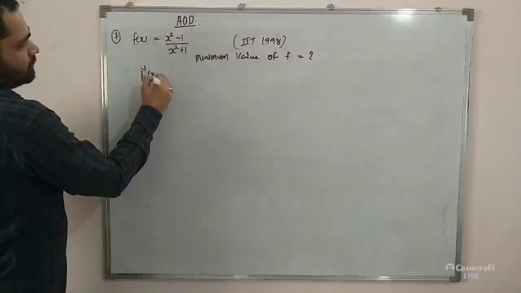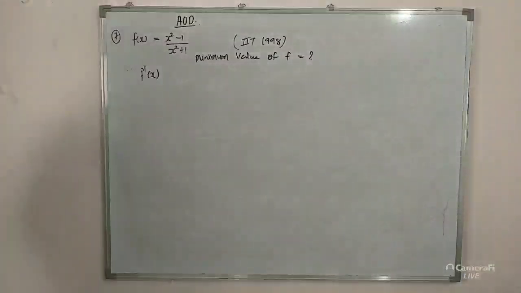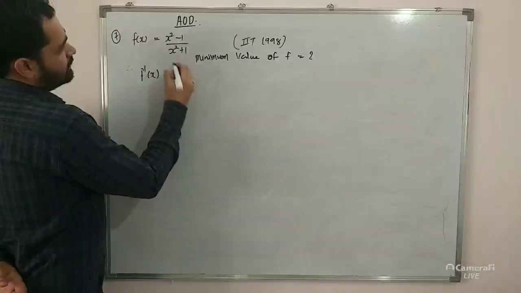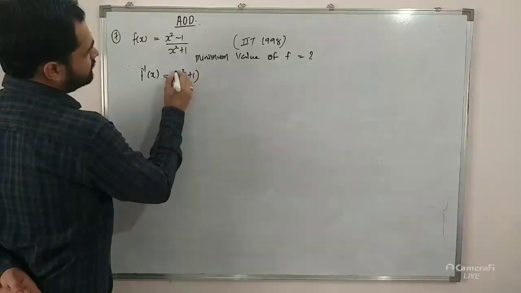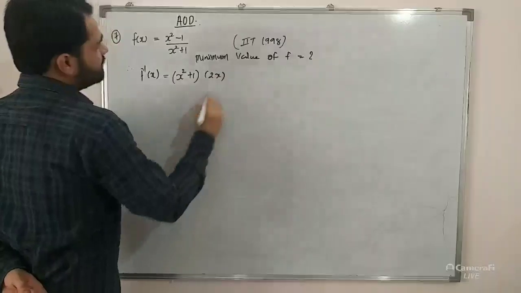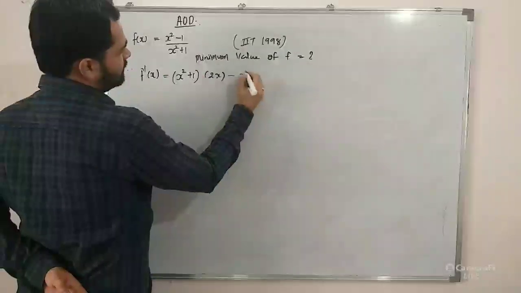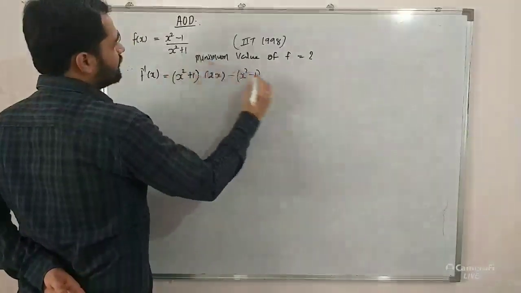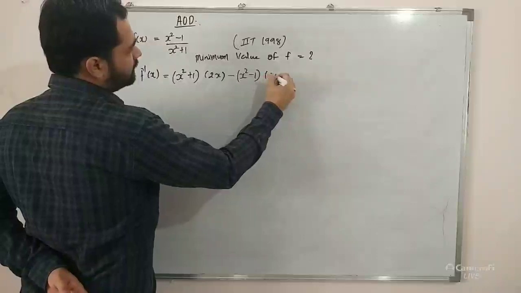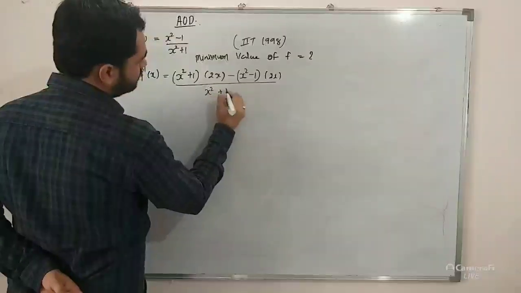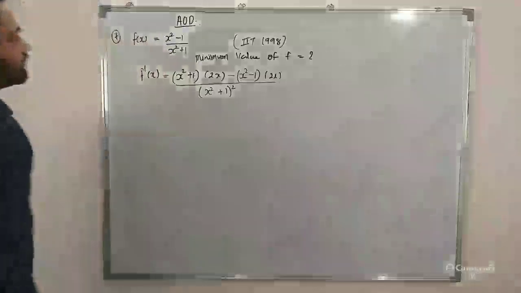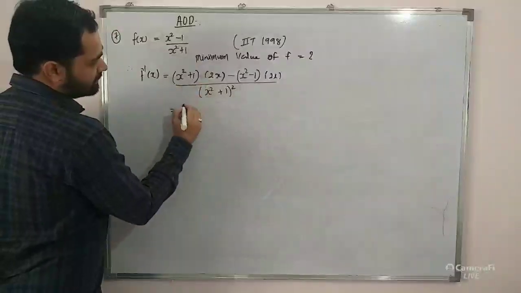So first of all, we are going to find f dash of x. So f dash of x is what? Denominator in front, derivative of numerator is 2x, minus numerator x square minus 1 in front, and derivative of denominator, 2x, upon denominator square. So now simplify this.